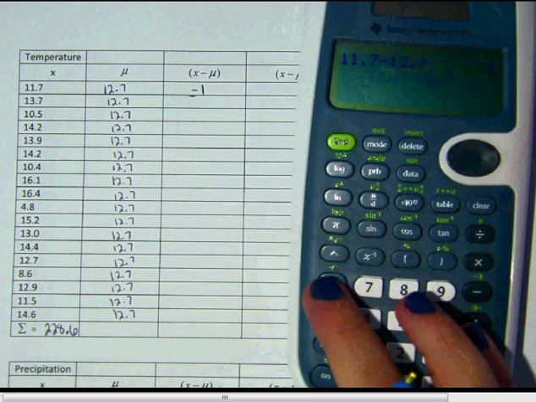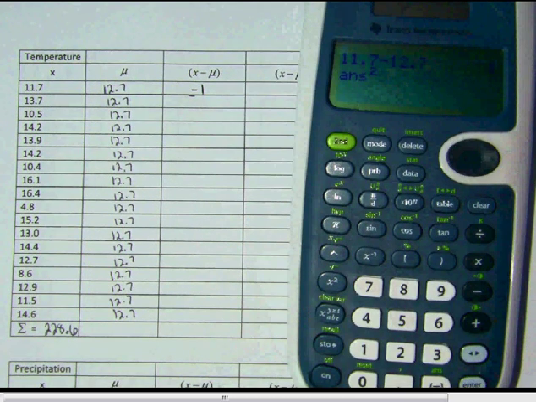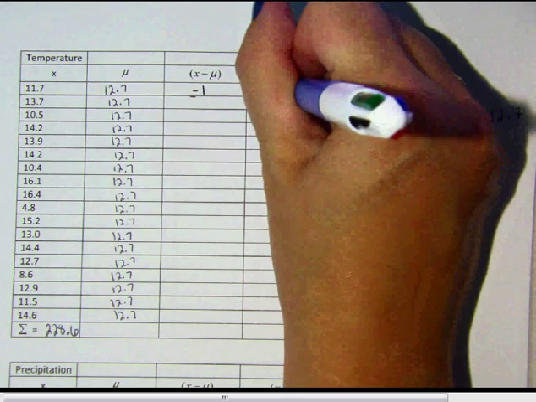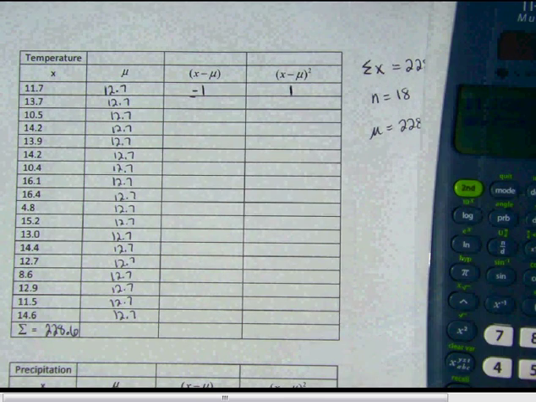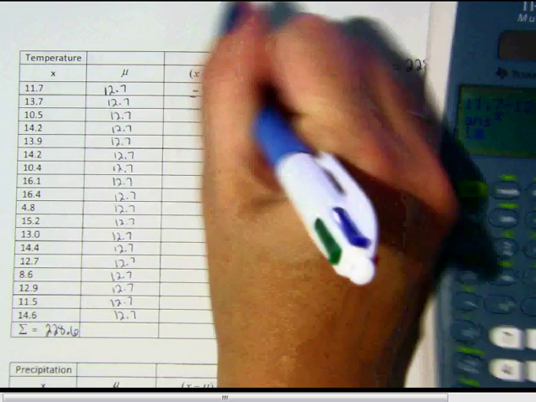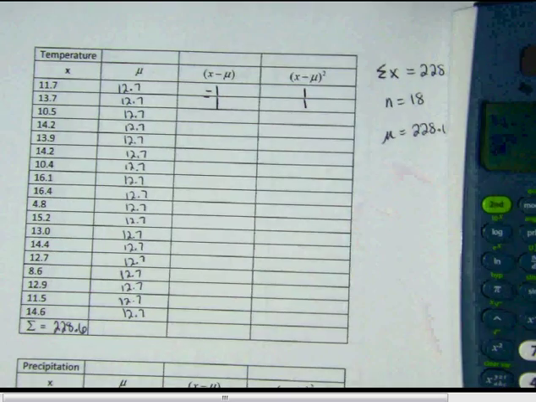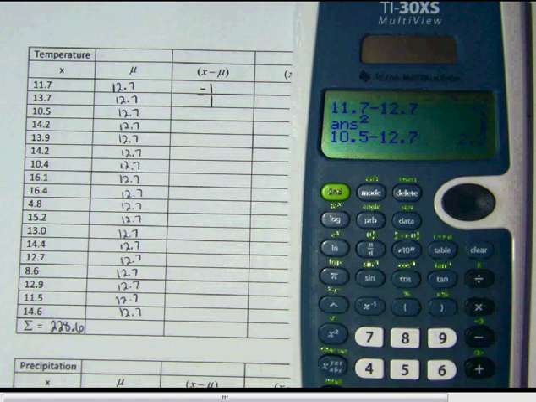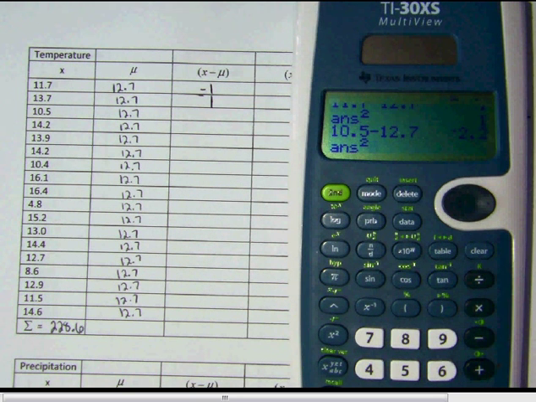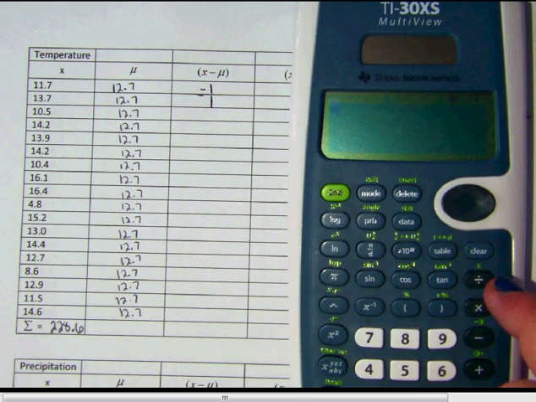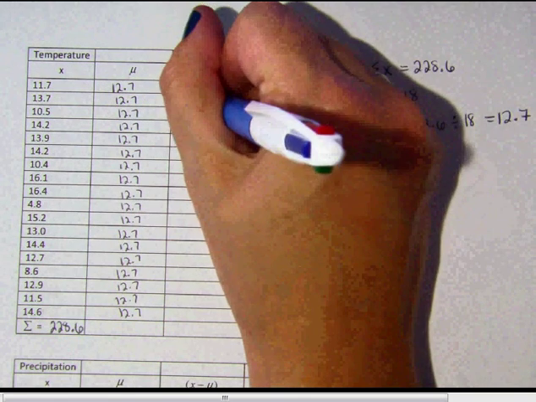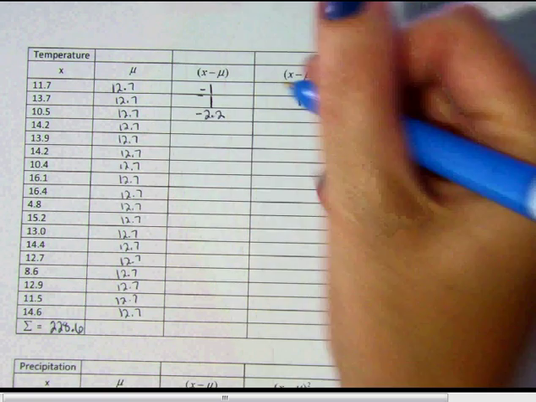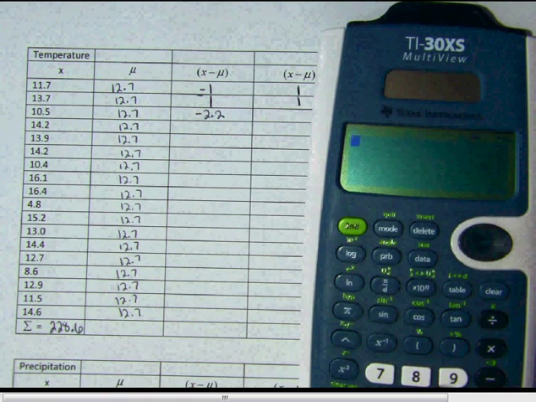Then I hit the x squared button, which gives 1. Then 13.7 minus 12.7 is 1, and 1 squared is 1. 10.5 minus 12.7 gives me -2.2. I square it, and I get 4.84.